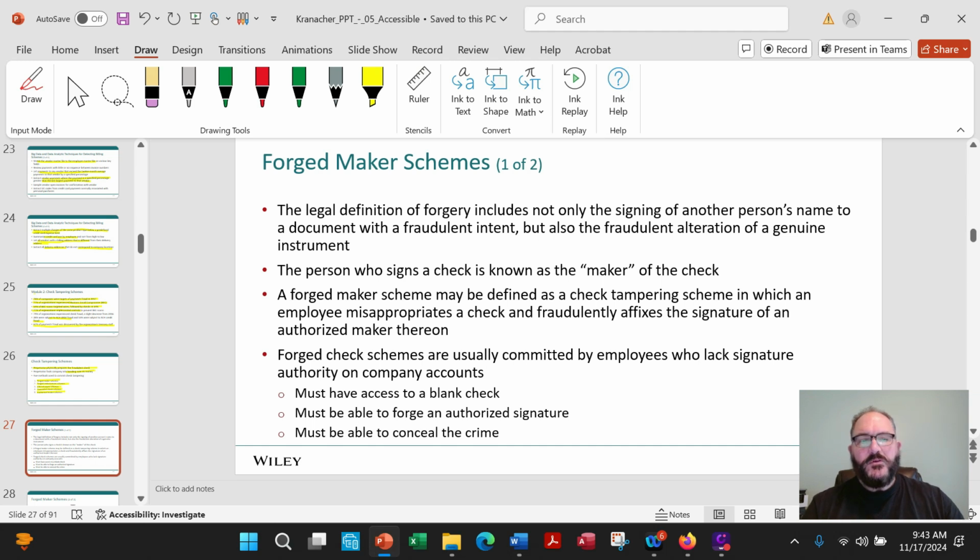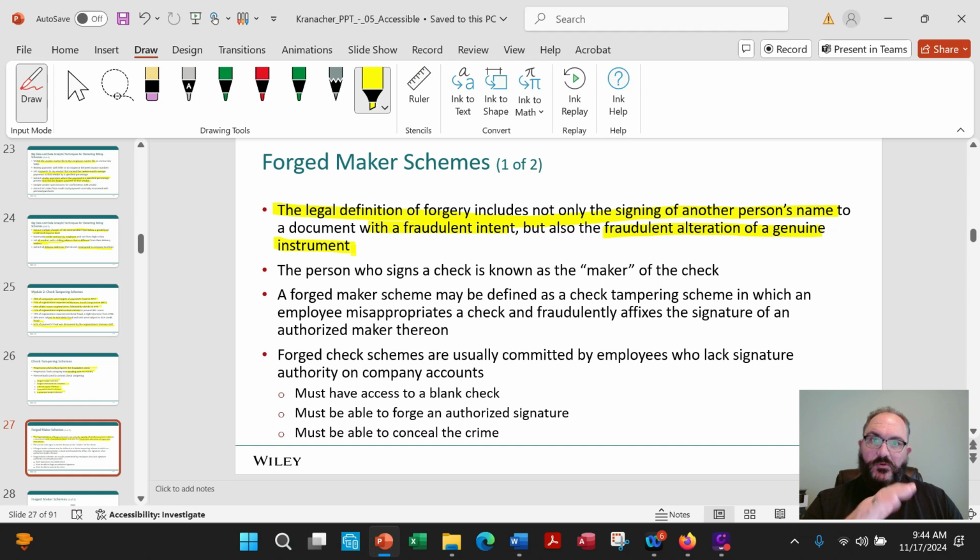So the forged maker, this particular scheme, how this works. The legal definition of forgery includes not only signing another person's name with fraudulent intent, but also the fraudulent alteration of a genuine instrument. So a genuine instrument being altered or the signature. The person who signs a check is known as the maker of the check.